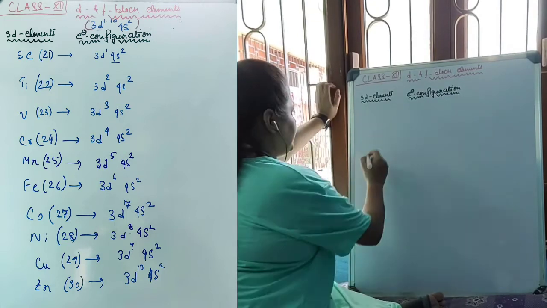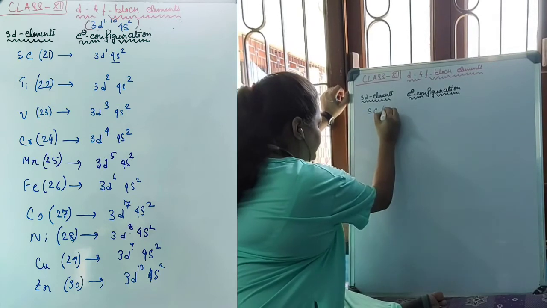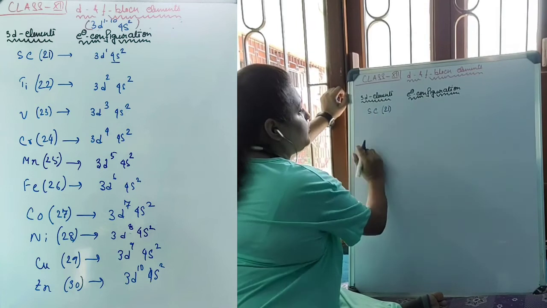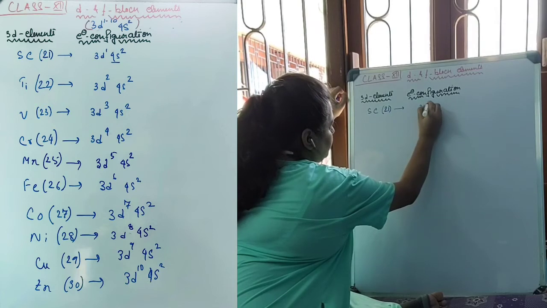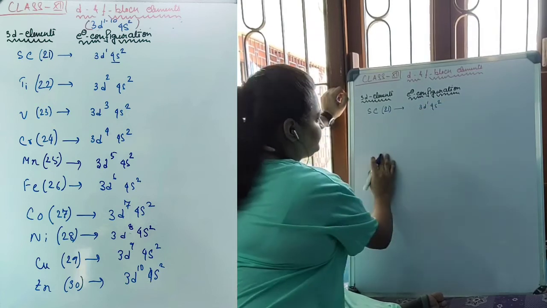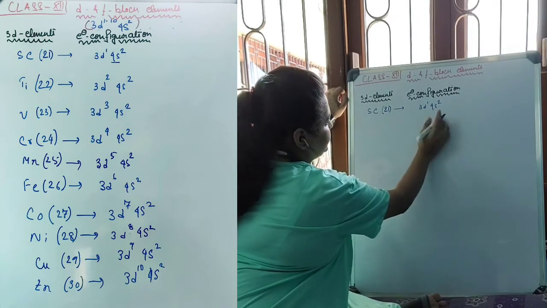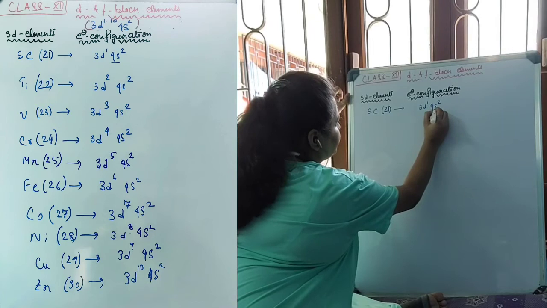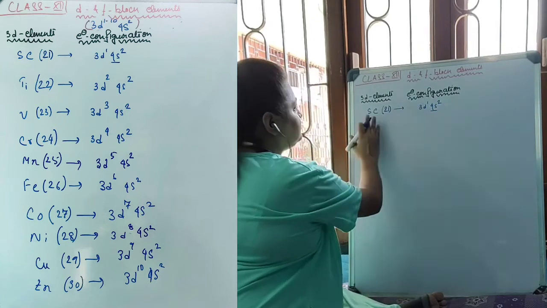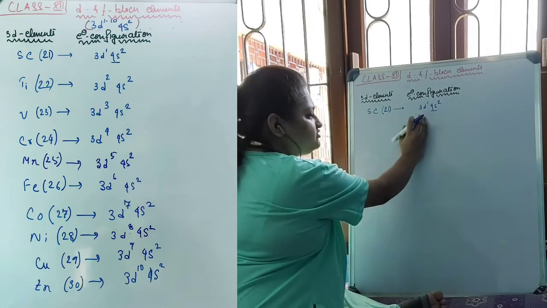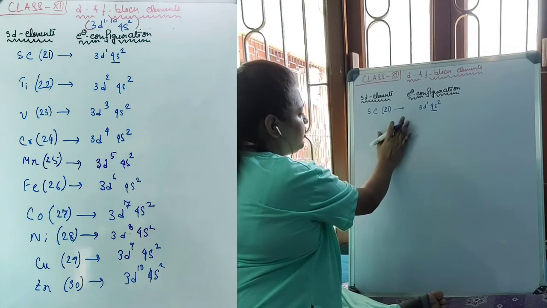The first element in the transition series is scandium. The atomic number of scandium is 21, and the valence shell electronic configuration is 3d1 4s2. Now you can say that the last valence shell in the 3d series is the 4s. Now 4s is already filled in the 3d series. The inner 3d is getting filled up in these d block elements.